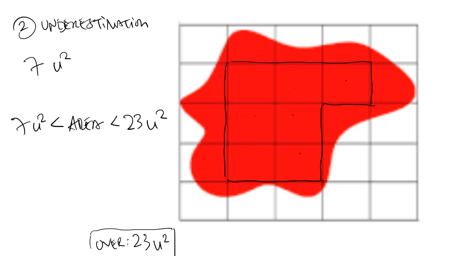And that's it. This is, for the most part, what this section is showing us. We can't find the exact area given the tools that we have. There are ways of finding the area, but they're far beyond the scope of this class. So the best that we can hope to do is to give an interval to say, well, it's somewhere between here and here.